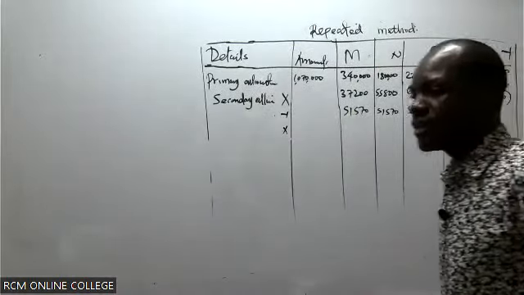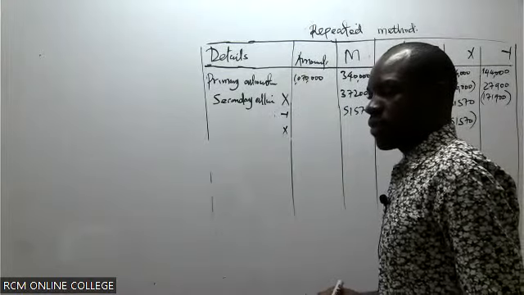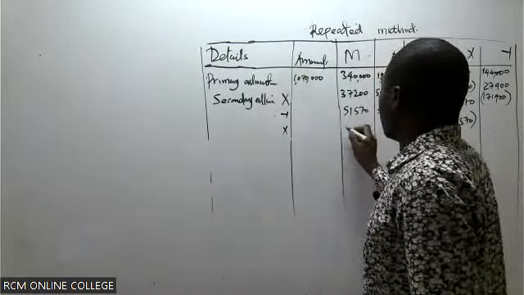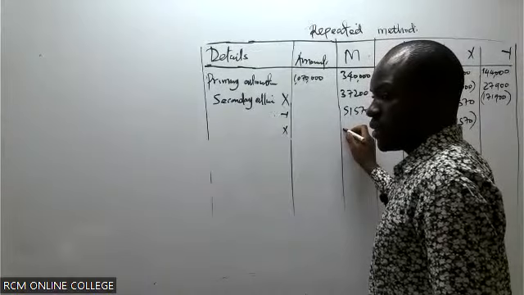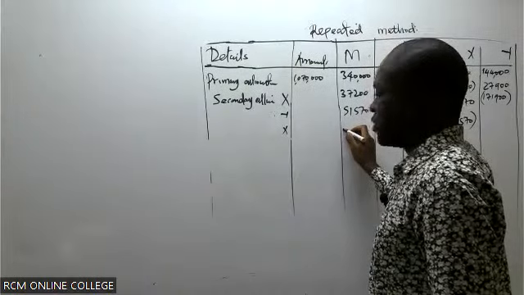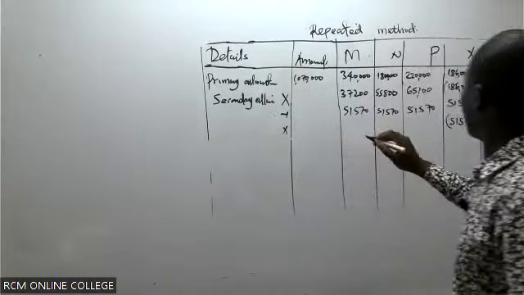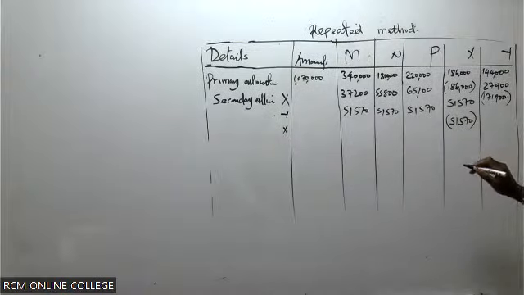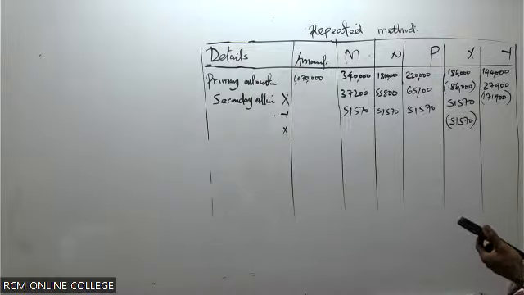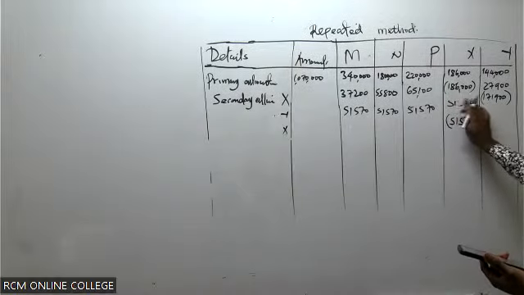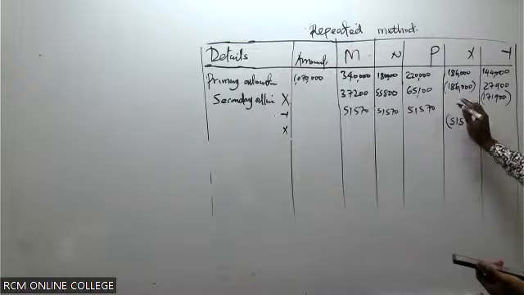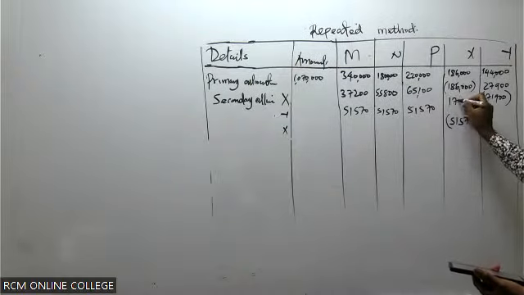Sasa tuendelee. X 17,190. X is giving out... Something is wrong. Is it this one here? 17,190.